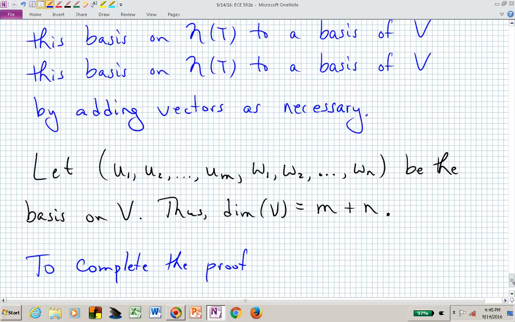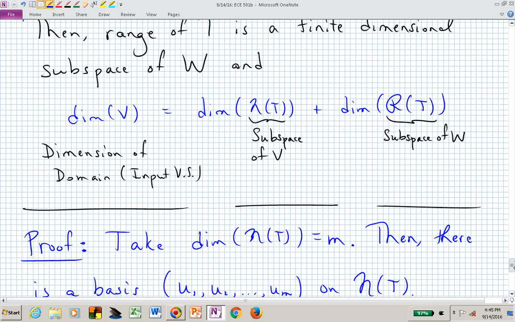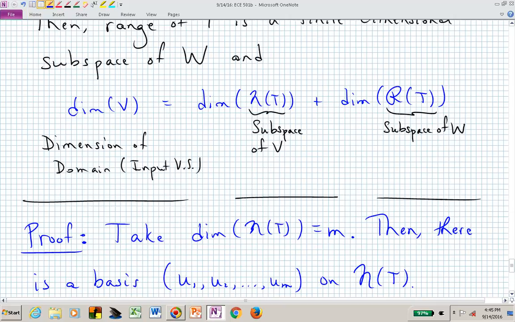because what do we already know? We now know that the left-hand side is m plus n by construction. We know the dimension of our null space of T by assumption, that was m. Now we just need to show or prove that the dimension of the range space of T is little n. Is that clear?